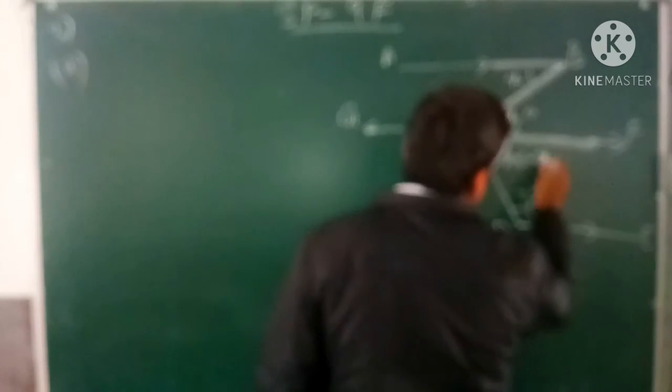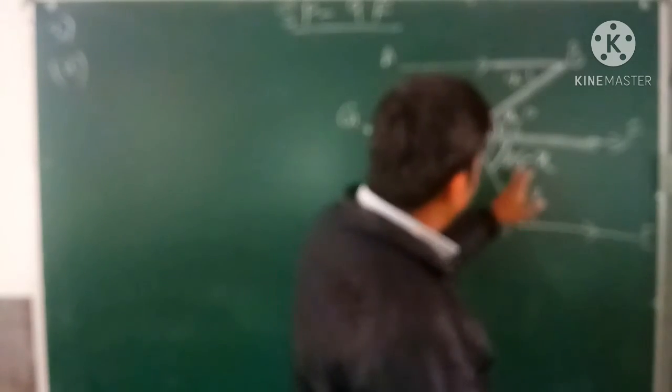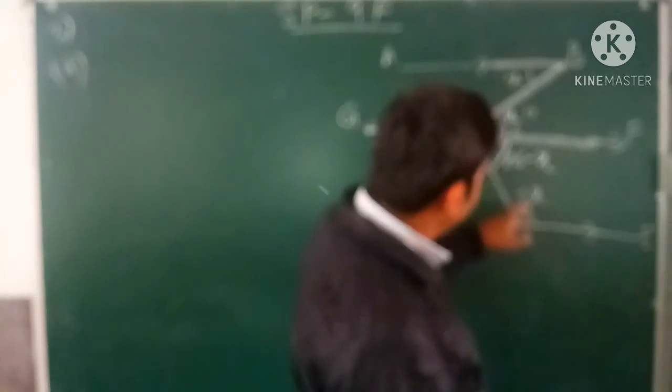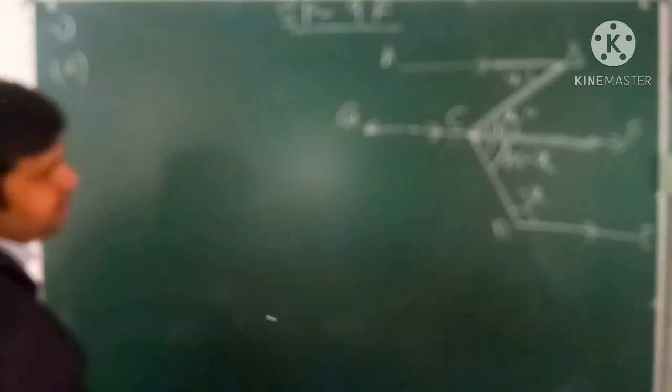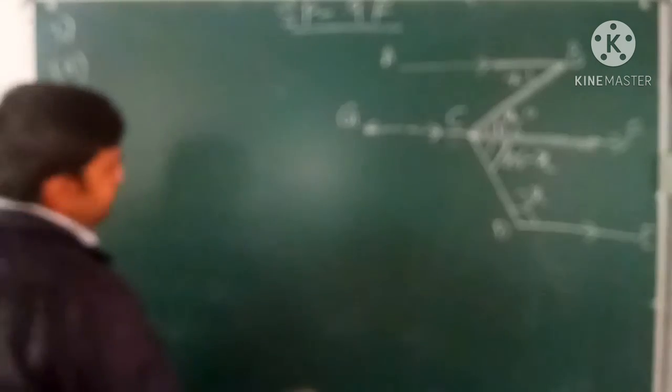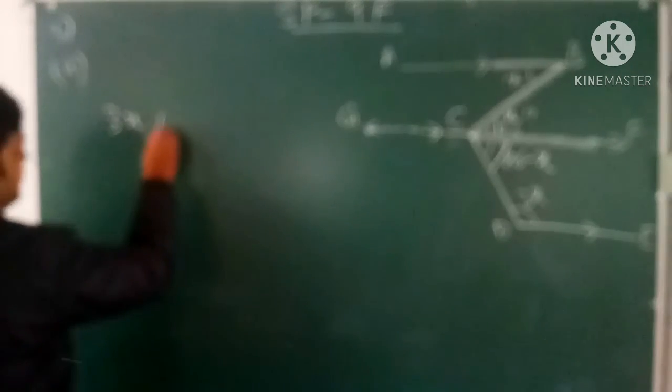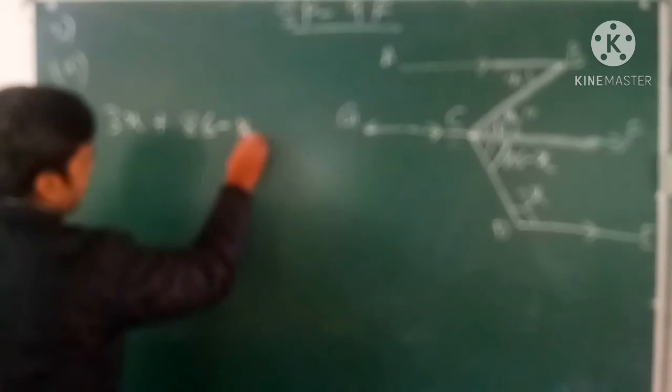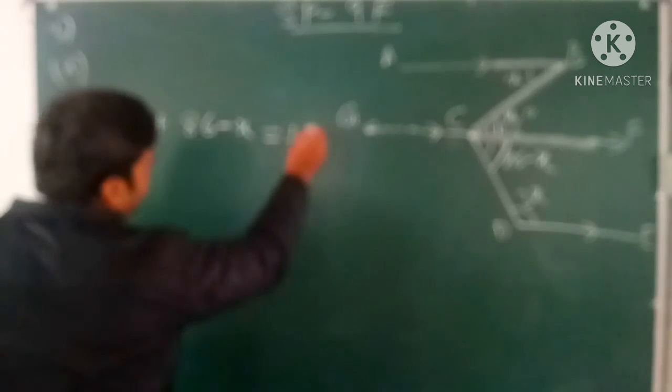So what will be this angle? This angle will be 86 minus x. I have taken x, so this will become 86 minus x. Now 86 minus x and 3x are the co-interior pair, so their sum will be supplementary. So 3x plus 86 minus x, their sum is supplementary, 180 degrees.